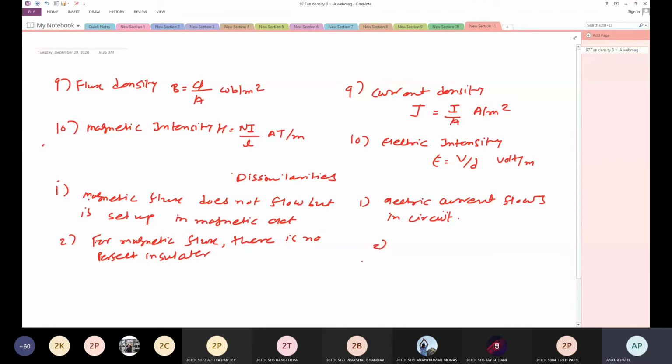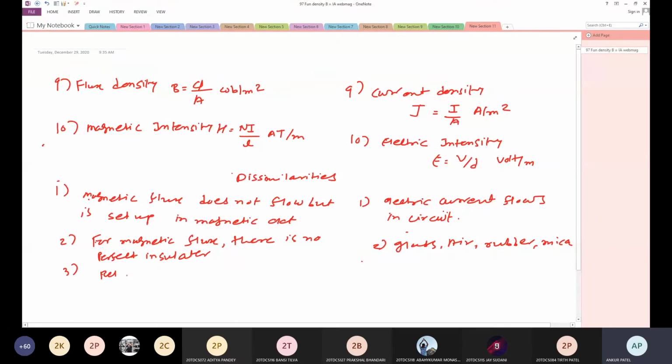Here, for electric circuit, there are a number of insulators like glass, air, rubber, mica. Okay. Third dissimilarity is at constant temperature, the reluctance of magnetic circuit is not constant but varies with respect to mu r.